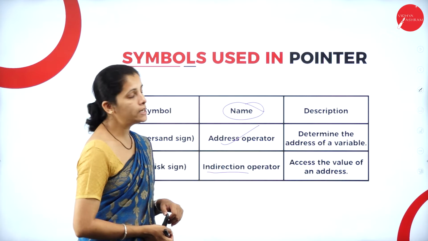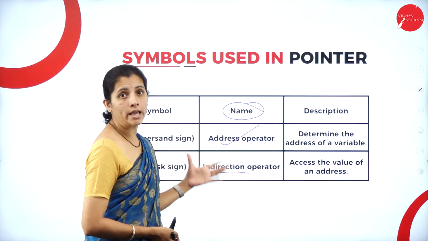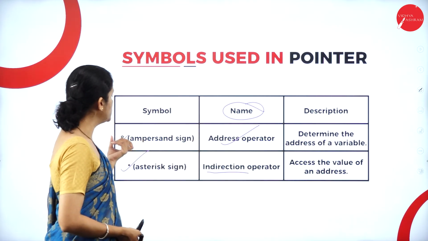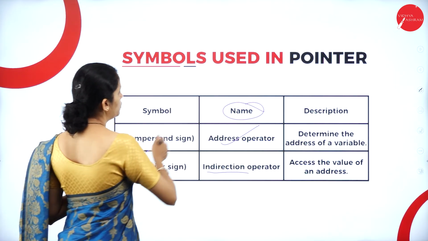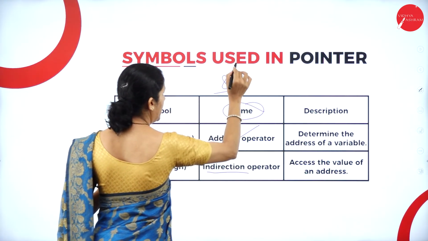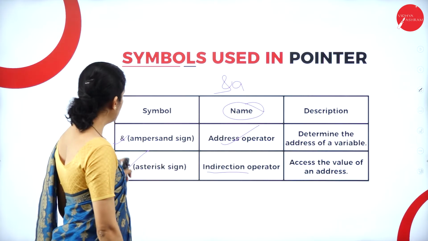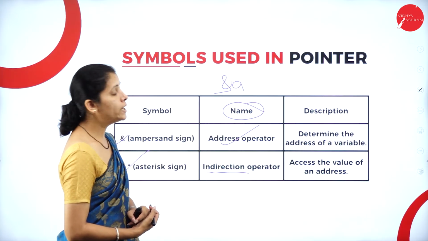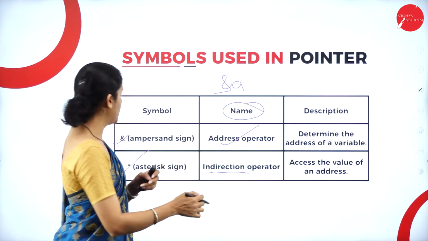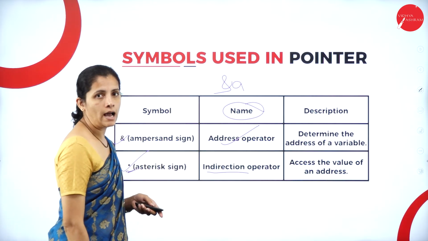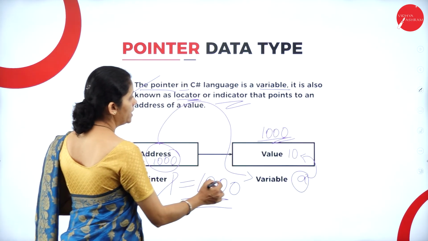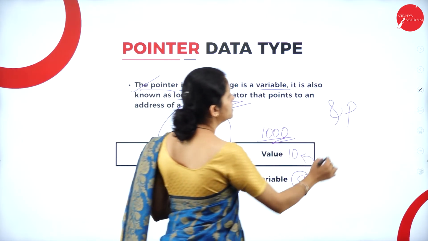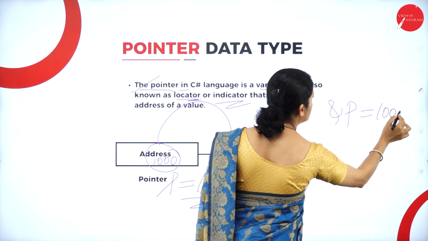Now, I have the description. Suppose I want to determine the address of a variable. If I want to know the address of the variable, then I'm going to use the symbol ampersand. So, here I'm going to use ampersand A. Now, if I want to access the value which is stored at that address, then I'm going to use the symbol asterisk. So, here if I use ampersand P, then what is my answer? That is 1000.